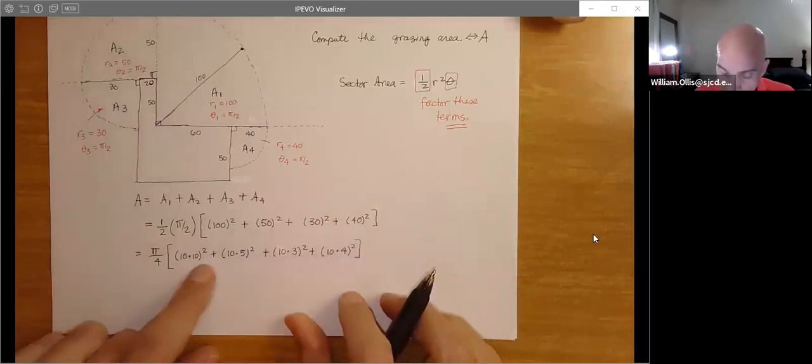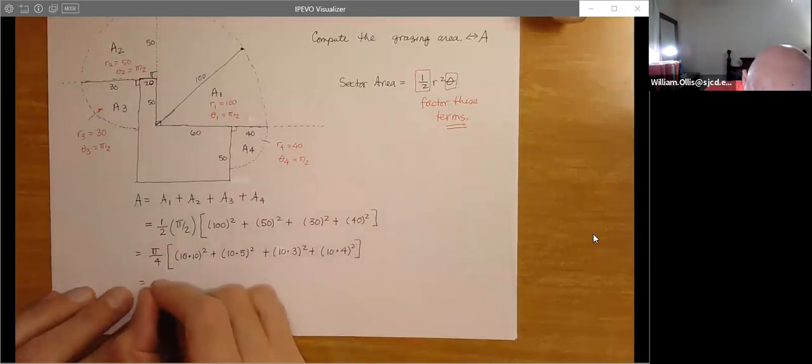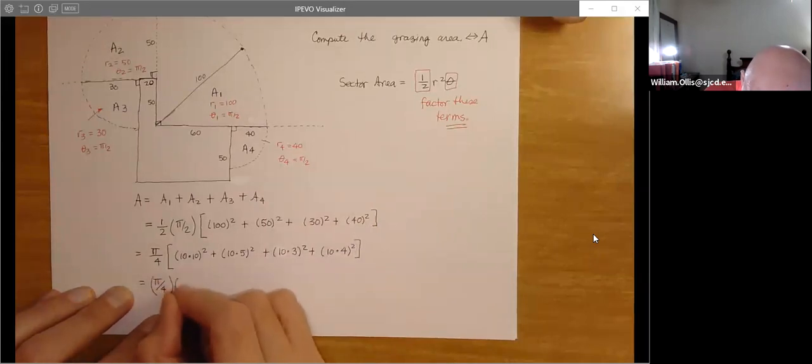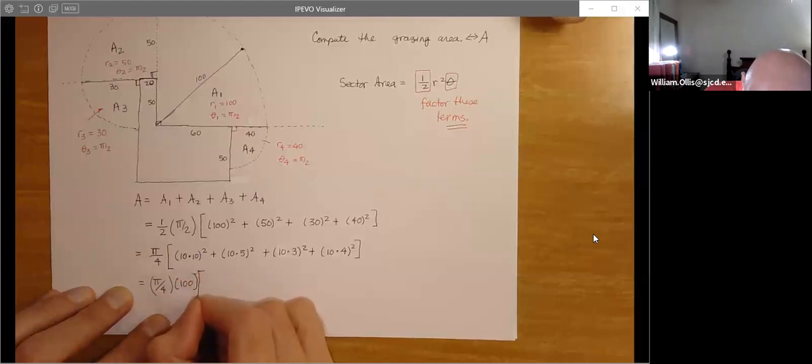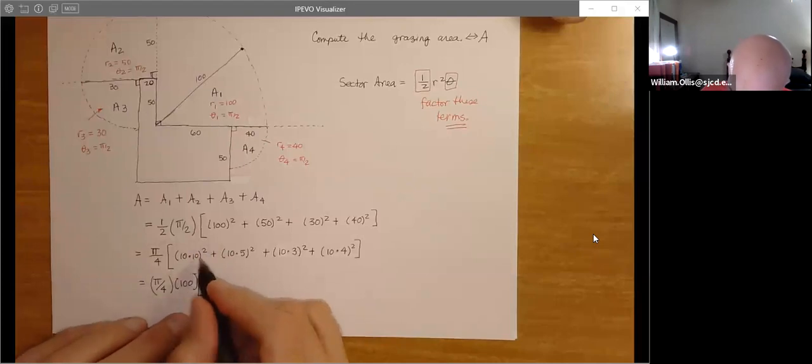So now we've got a 10 squared in everything. So we can factor the 10 squared, which is 100. So this will be pi over 4 times 100. So all of these 10 squares are extracted, and that will leave us with a 10 squared, which is a 100.